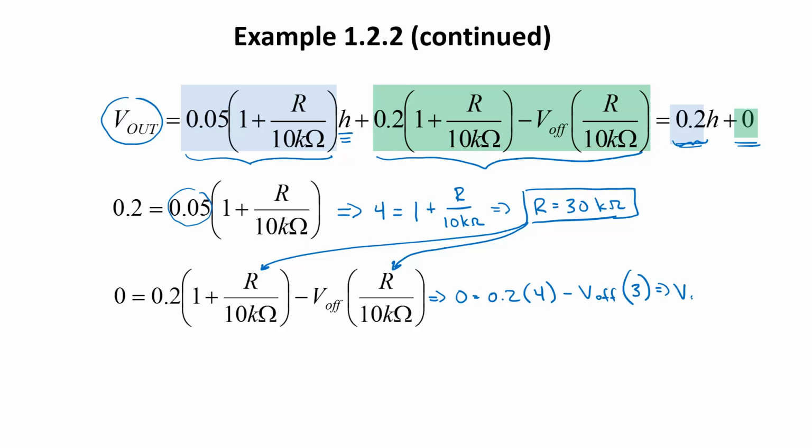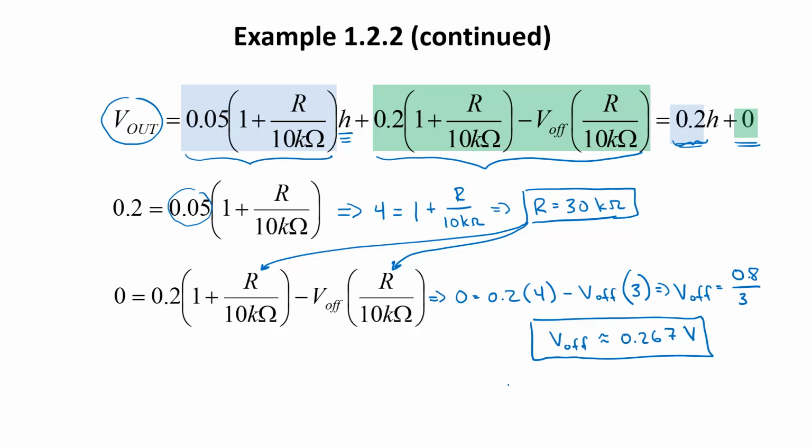So VOFF times 3 is equal to 0.8, or V offset is 0.2 times 4 over 3, approximately equal to 0.267 volts. So this should give us the performance that we need for our design requirements.